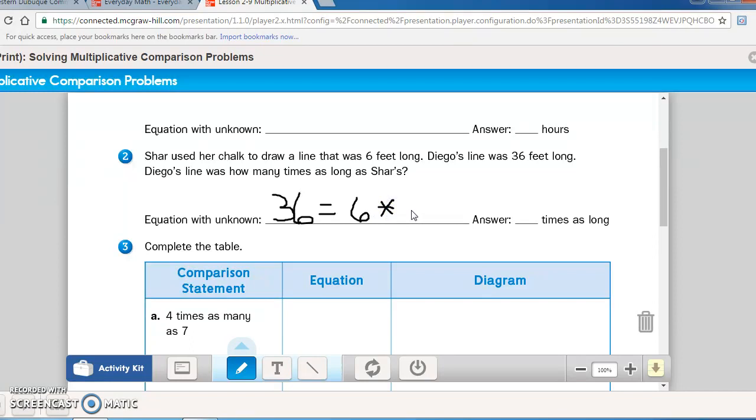So I'm just going to make that a D for Diego. So what I'm looking for is 6 times what equals 36? Well, I know my multiplication facts, and I know that 6 times 6 is 36. So it is 6 times as long.